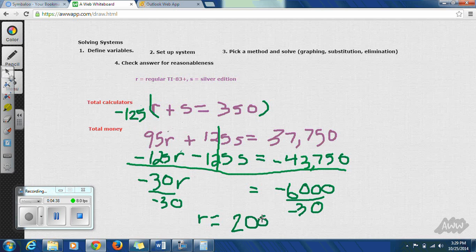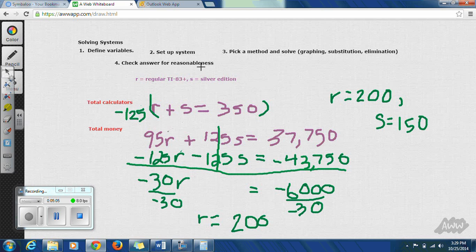So now if I know that 200 of the calculators are the regular TI-83s, and I have a total of 350 calculators, how many of the remainder would then be the silver edition? 350 minus 200 is 150. We have solved our system.